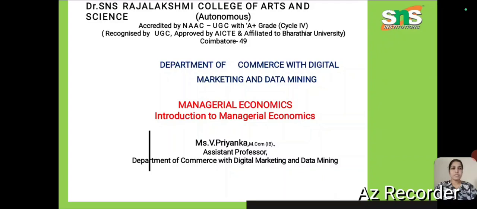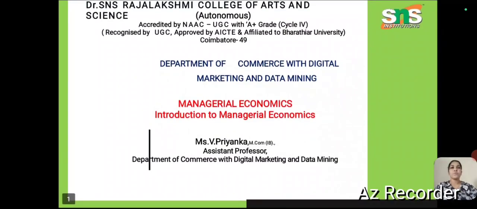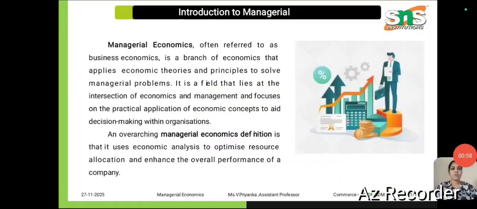It helps the managers to decide what to produce, how to produce, and how many products to produce, and how to use resources effectively. When we are producing a product, first we must know what product we should produce, how much quantity we should produce, how much price to be fixed, and where to be sold.